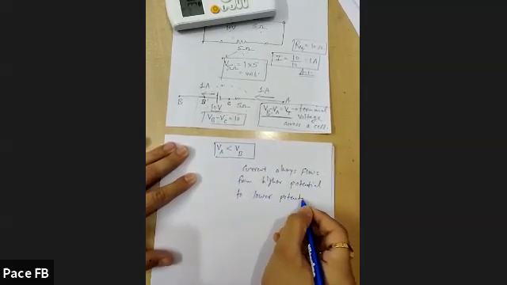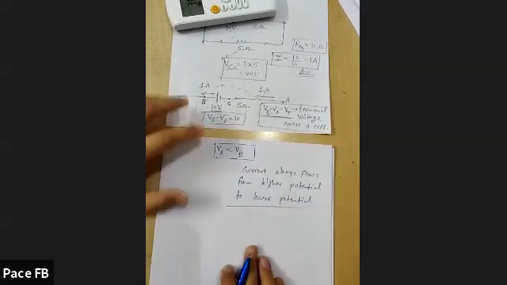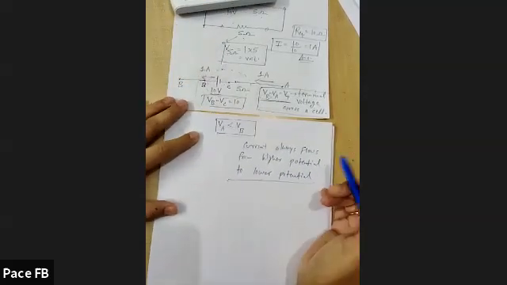Current always flows from higher potential to lower potential. Okay.